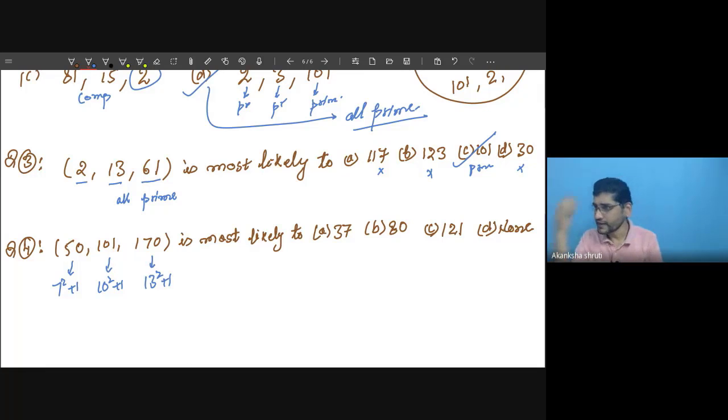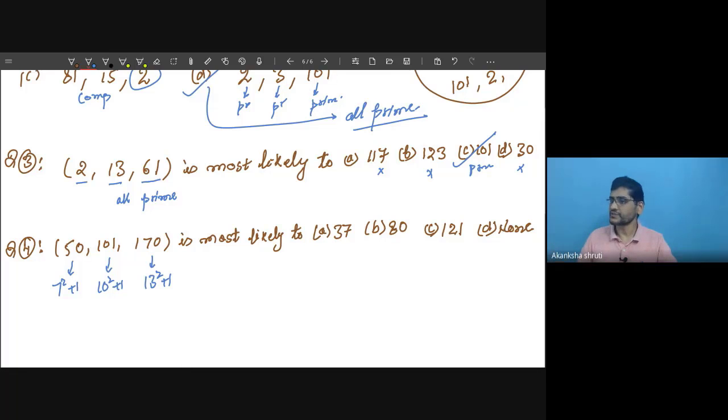So student, on the very first day I told you there are certain milestones or pillars with reference to which the possible rules are identified. They are the multiples, the squares, the cubes, all these things. So while observing 50, in your mind you must think of 49. 101 is close to 100, and 170 is close to 169.